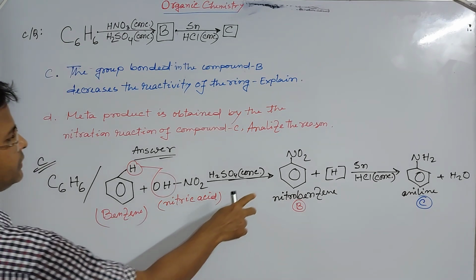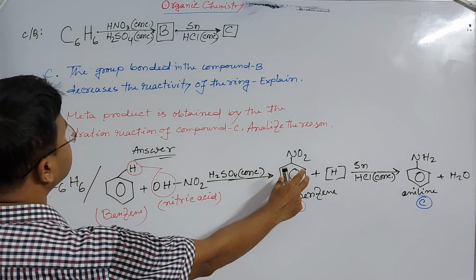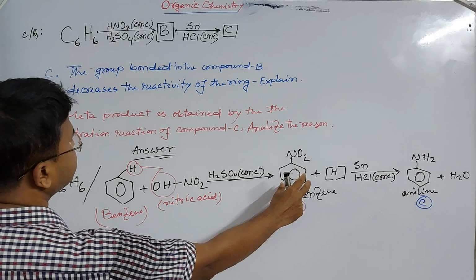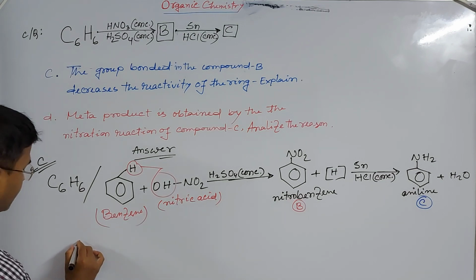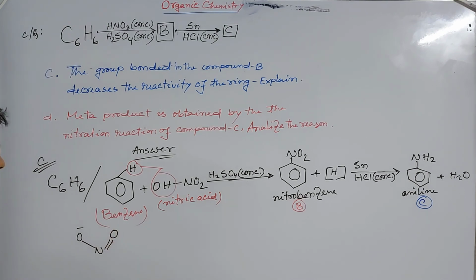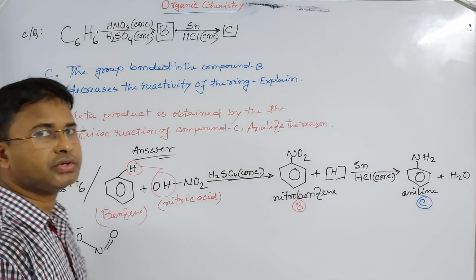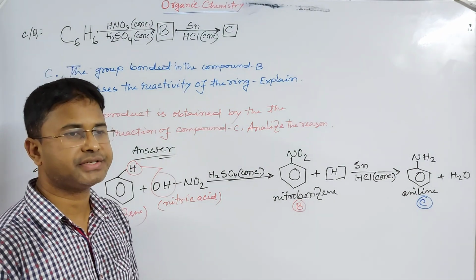If you want to describe the reason of decreasing of reactivity of benzene ring, you have to show the resonance figure of nitrobenzene. My dear students, I am going to show you the resonance figure of nitrobenzene.